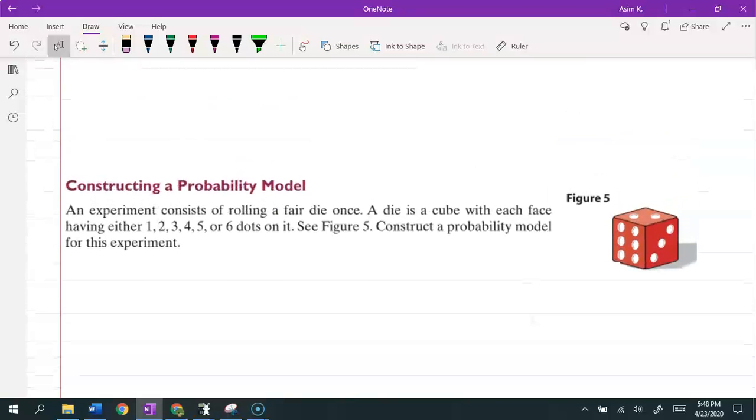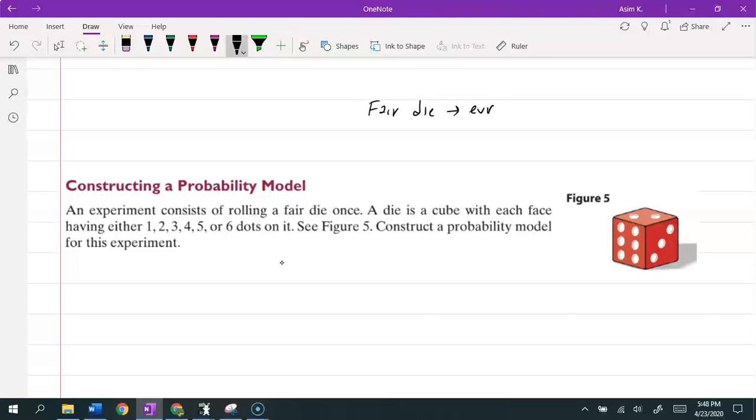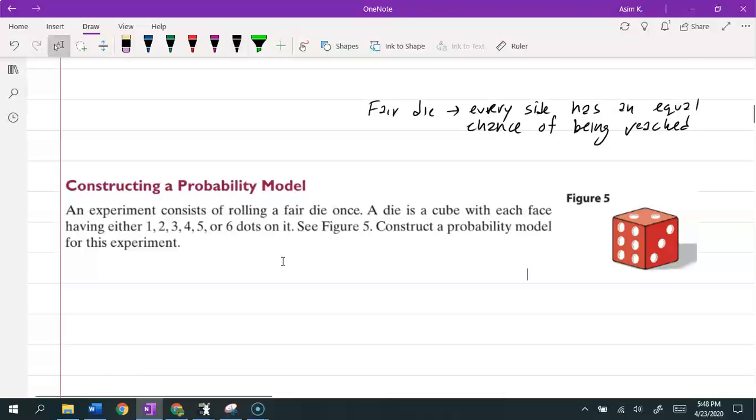A fair die basically means that every side has an equal chance of being reached. Okay, so if you roll a die, there is exactly 1 chance out of 6 that you're going to get the number 1. 1 chance out of 6 that you'll get the number 2, like that. That's called a fair die.